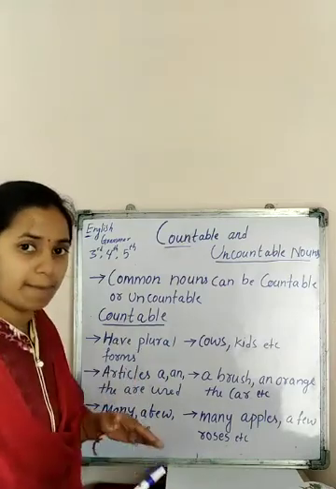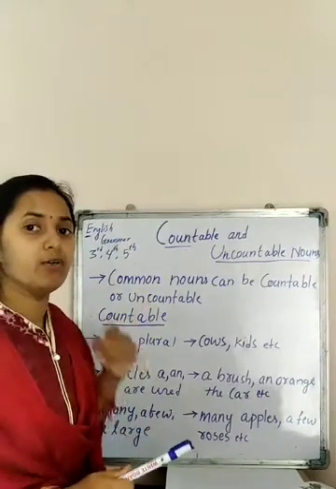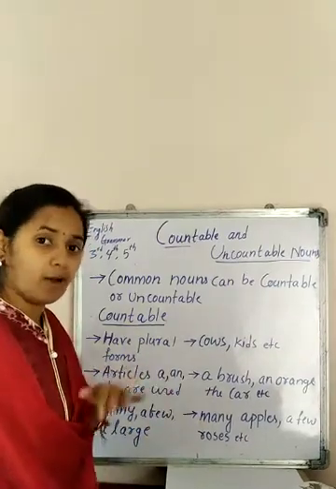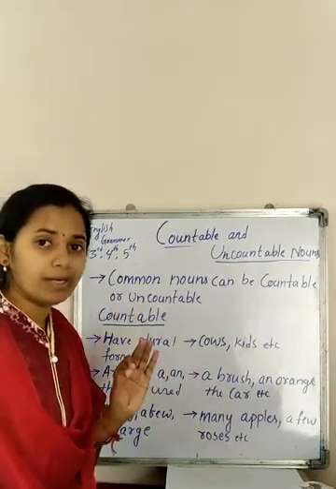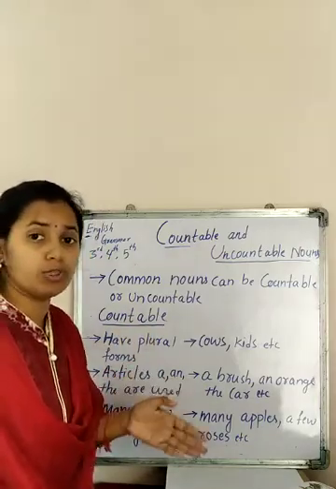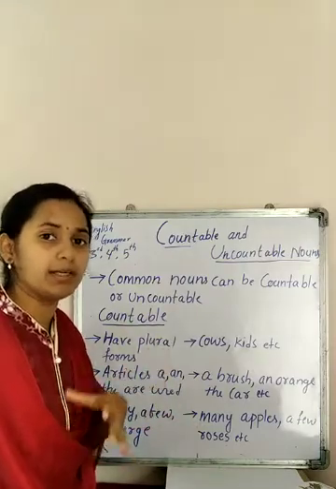Examples: a brush, right? When one brush is there, you use a brush. And you already know that when a noun starts with a vowel, we use an, right? Again, we will discuss a and the in detail in another class.